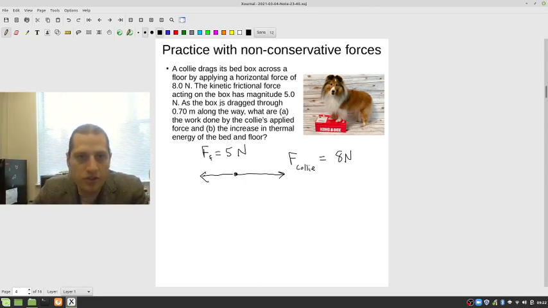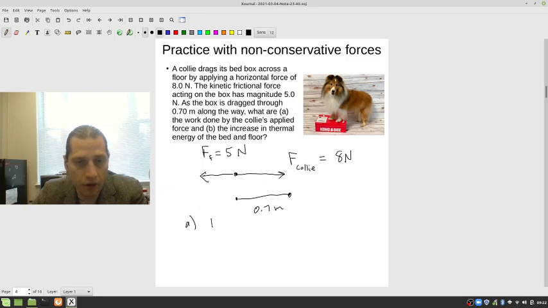As the box is dragged through 0.7 meters along the way, what are the work done by the collie's applied force and the increase in thermal energy of the bed and floor?